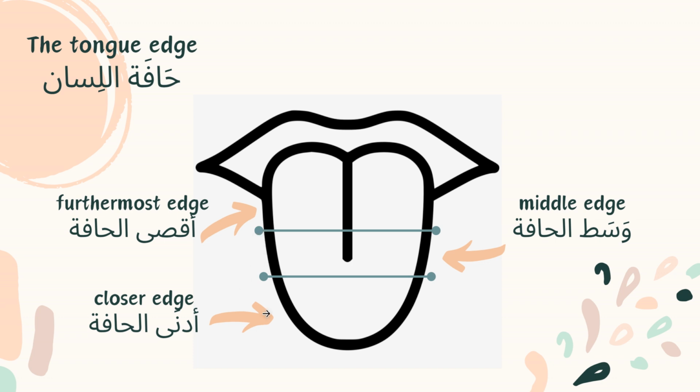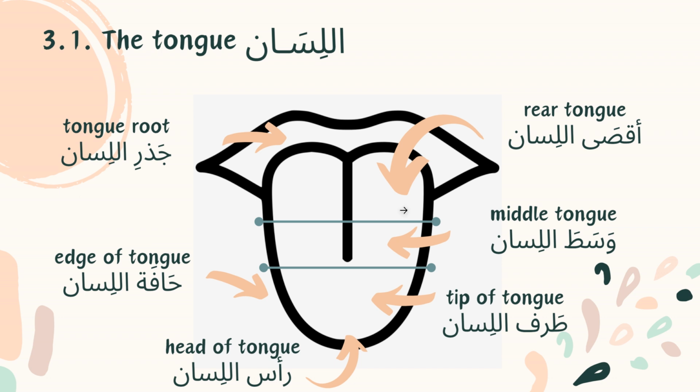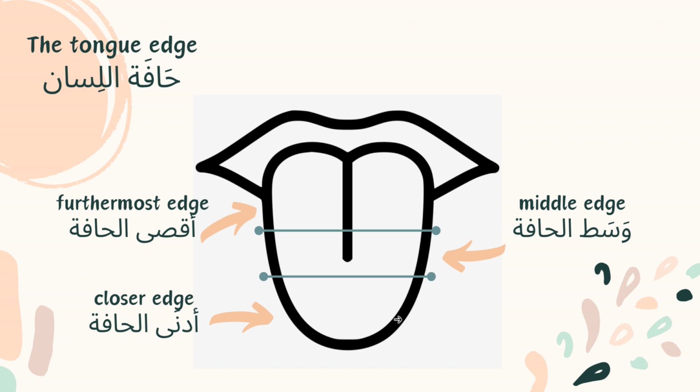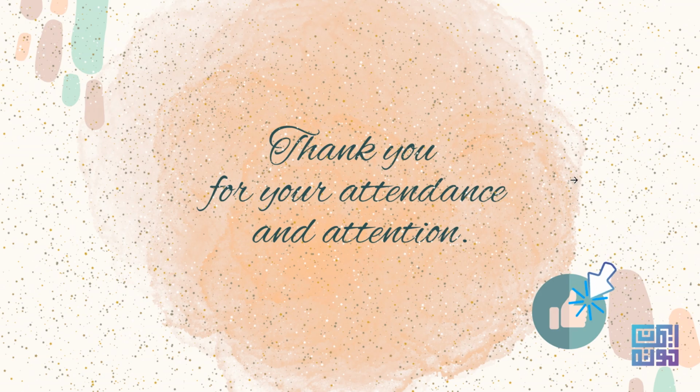And then we have the closer edge, adna al-haffa, which is all this part, right and left, okay? So the tongue here is divided into 3 main parts, tip of the tongue, middle part of the tongue, the rear tongue, and then we go to the edge of the tongue. We will see that it's also divided into furthermost edge, middle edge, and the closer edge. And it's right and left edge, okay?